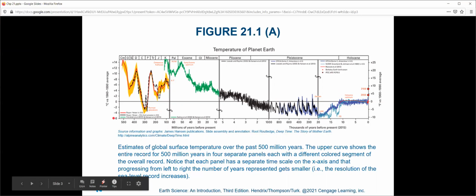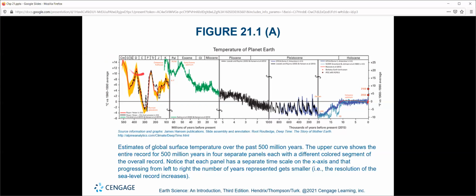Important takeaways from this conversation. 1, things have been really hot in the past, like super hot, right? 2, the chart itself jumps all over the place as it goes.